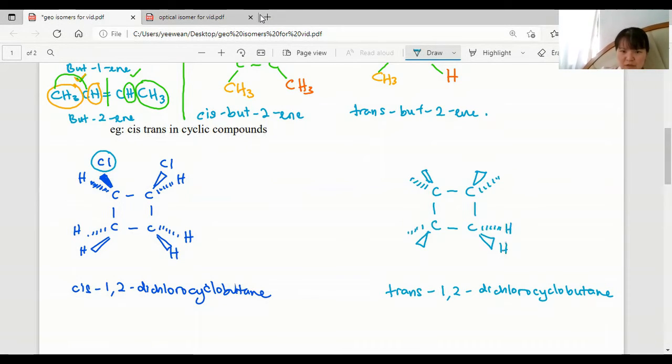Okay, the H, no changes. On the left side, I'm just going to copy the first one, and on the right side, I'm going to turn that around. Therefore, the chloro one is coming out of the page and the other one is going into the page. It's the opposite side, therefore it's a trans.